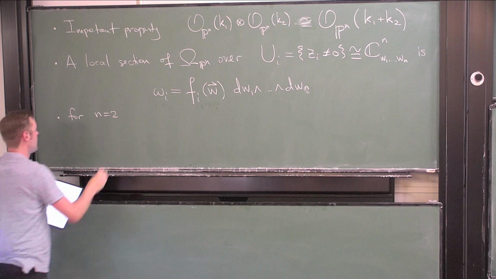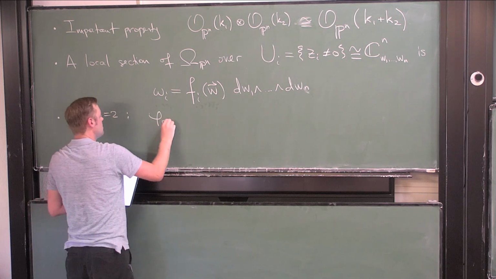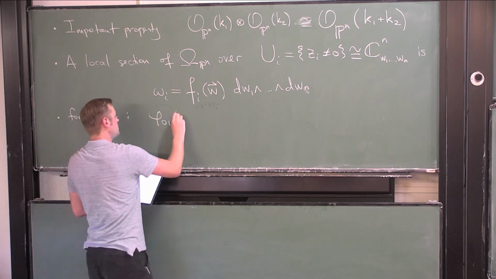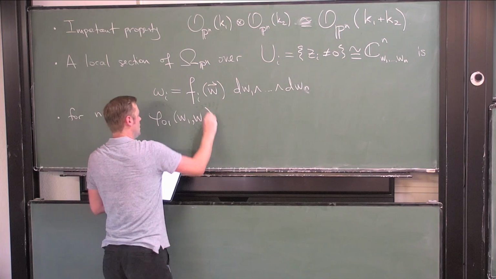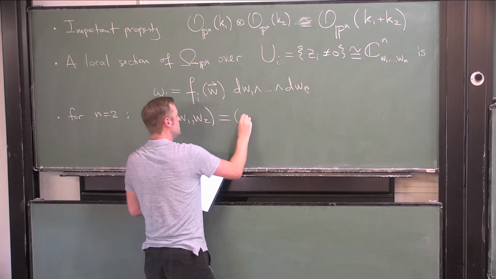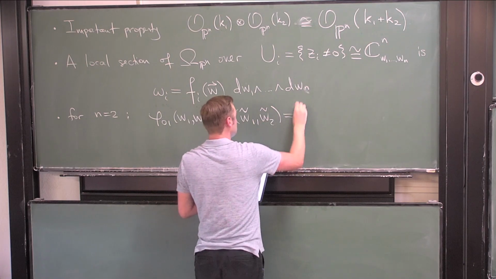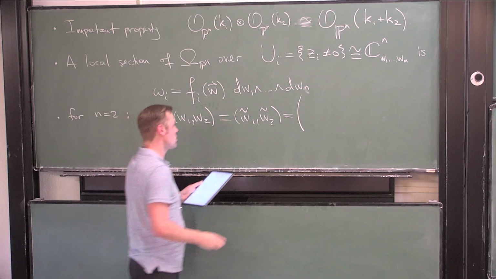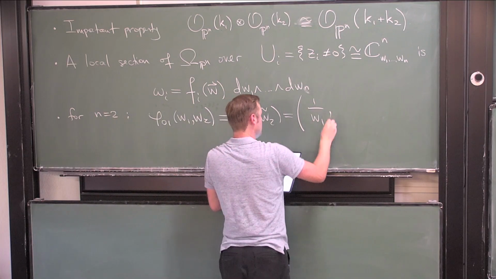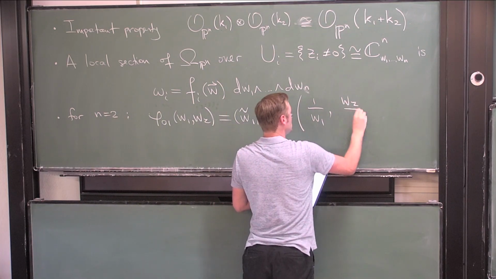So for n equal to 2, remember that we computed the transition function was of this form. We had new coordinates w1 tilde, w2 tilde, and as functions of w1, w2, this was 1 over w1, w2 over w1.